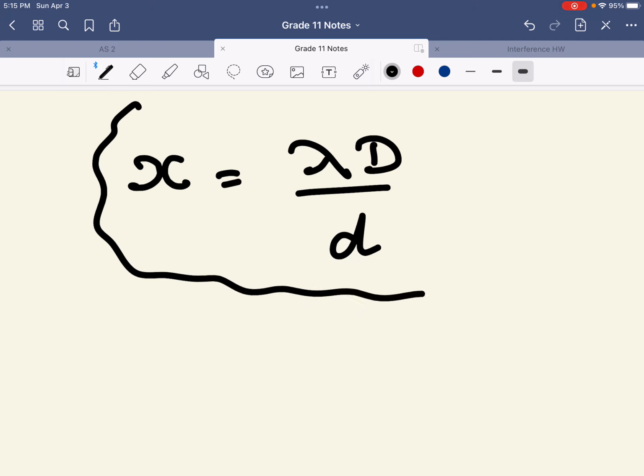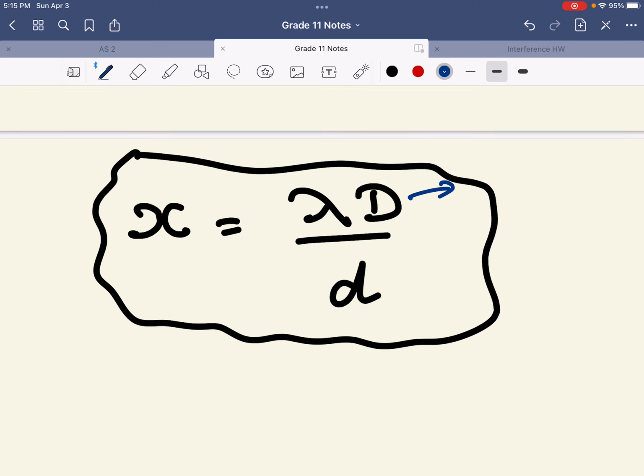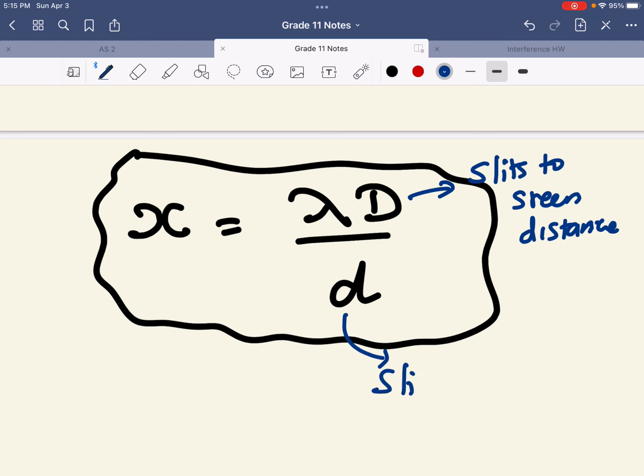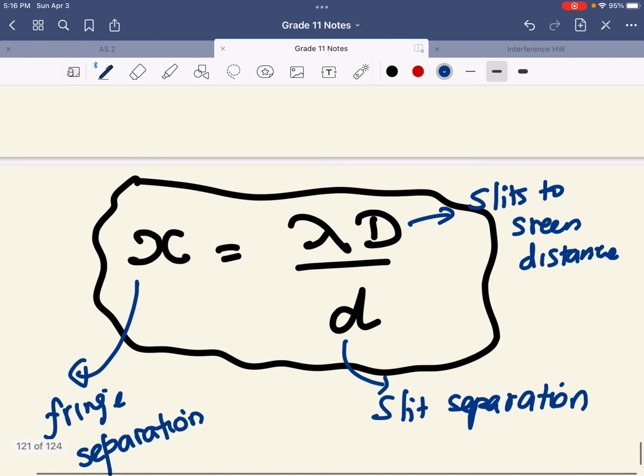I'm sure some of you have seen this equation, but let's think about what each stands for. D is the slits-to-screen distance, and d is the slit separation, which is very small, normally like 1 millimeter. x is the fringe separation, also very small, like 1 or 2 millimeters in real life. I will show you a demonstration next time. Lambda is the wavelength. This is what you need to remember.